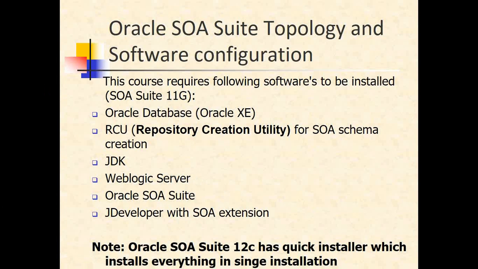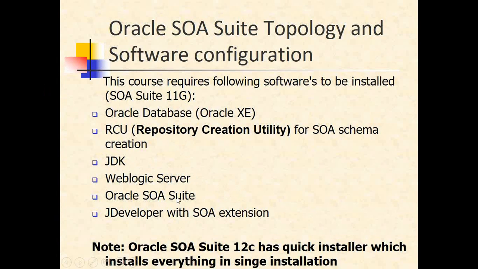In SOA Suite 12C, there is one single installer file, and if you install it, it will install your Java database. It will install the RCU, and the SOA metadata on the Java DB. Then JDK you need to have, it's a prerequisite. JDK you need to have before installing SOA Suite 12C. And then the same installer file will install WebLogic server.